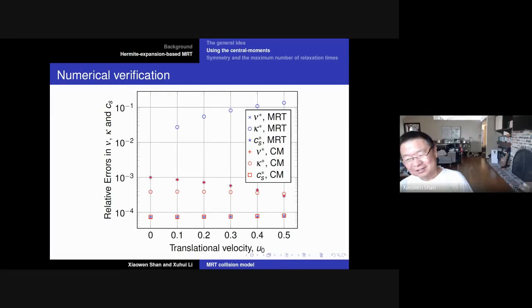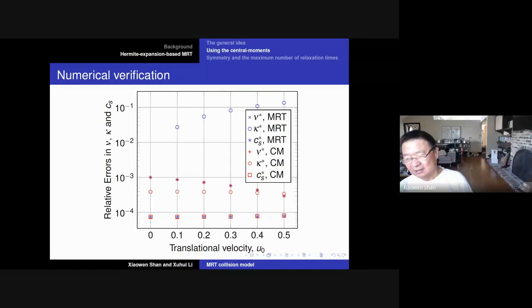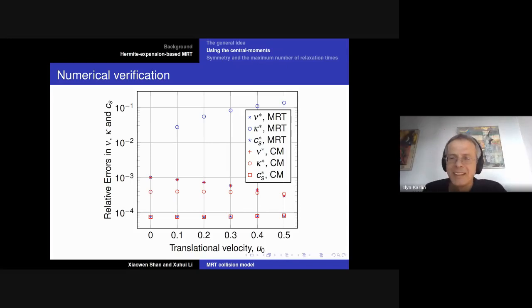And in 2D? In 2D, if I remember right, 37. Okay. So you really need a lot. Yeah. Actually, you can trim most of it. Fair enough. Okay. Thanks.